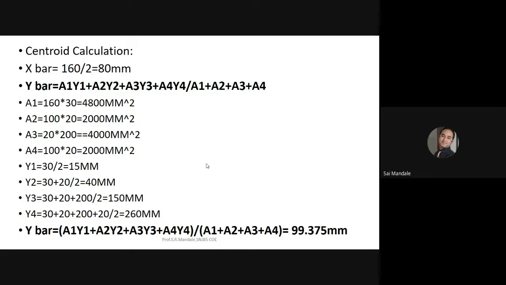Chavan? Am I audible to everybody or not? The second step is what?